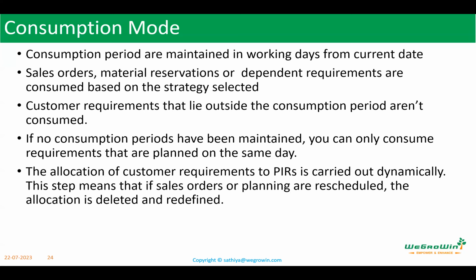If your planning has to happen properly, in a controlled way, you should define these parameters in a practical, possible way. So for example, backward consumption, I can define maybe 7 days. Beyond that, it is useless. Forward consumption, maybe I can put 15 days. Beyond which, if I go, that is also a problem.